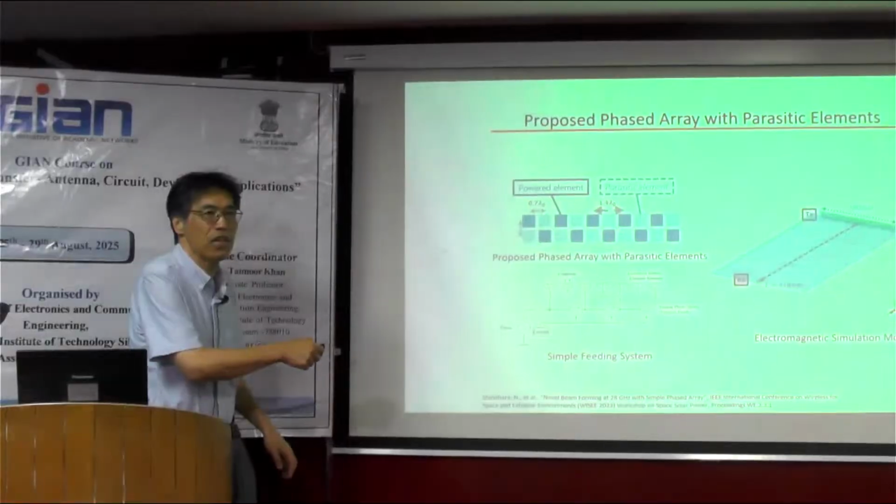Sir, will this proposal increase the cost compared to using a parasitic element? Oh, no. In this case, the cost is the same as a phased array antenna with grating lobe and low beam efficiency, because we only add the metal. Usually we use the phase shifter, amplifier, etc. in each antenna, as I mentioned.